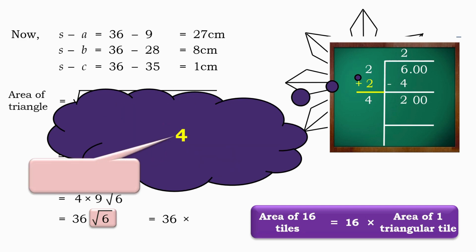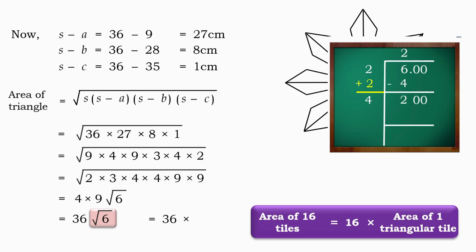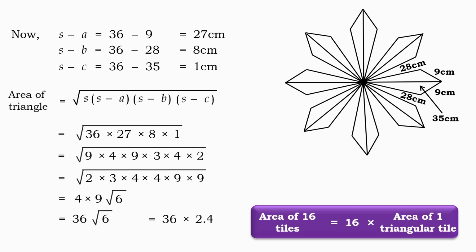The number we can think of is 4. So that is 44 multiplied by 4, that is 176, which is less than 200. So we'll write 4 over here, and also write 4 at the top after the decimal point. So now 2.4 is the approximate square root value of root 6.